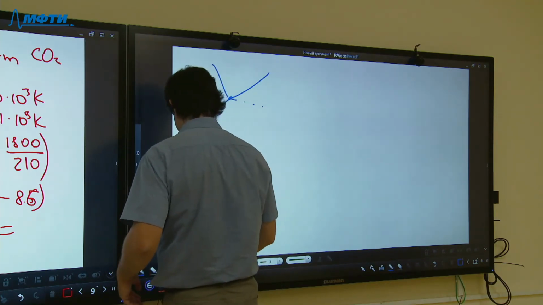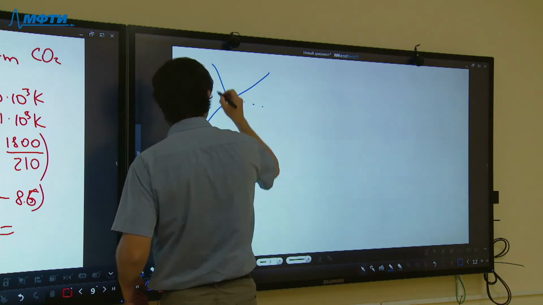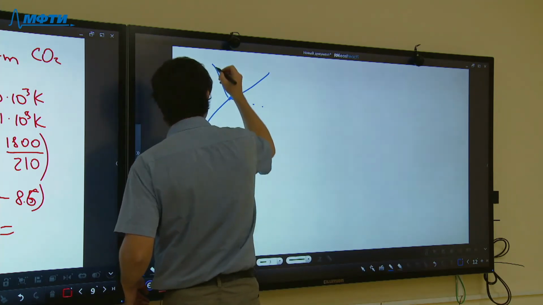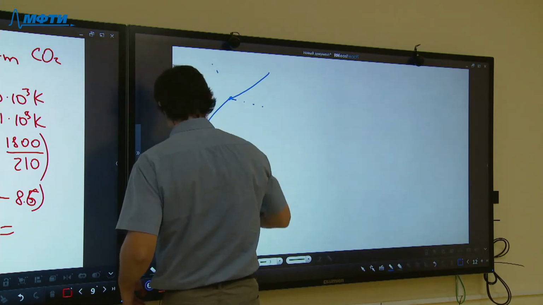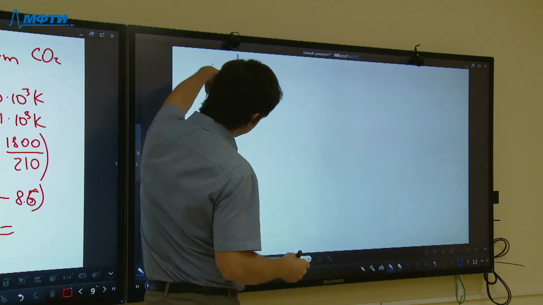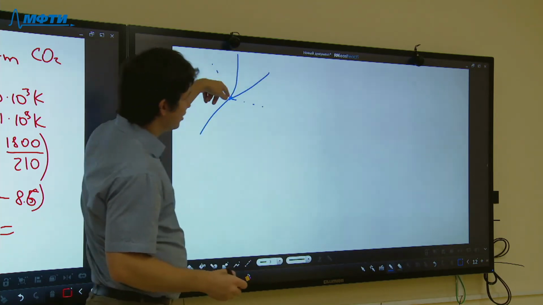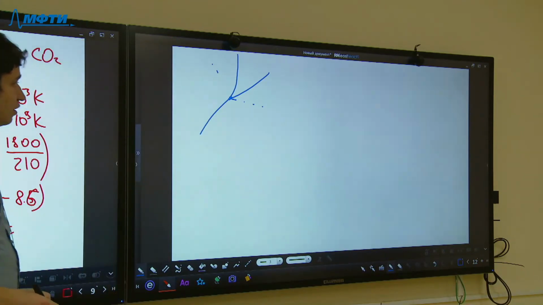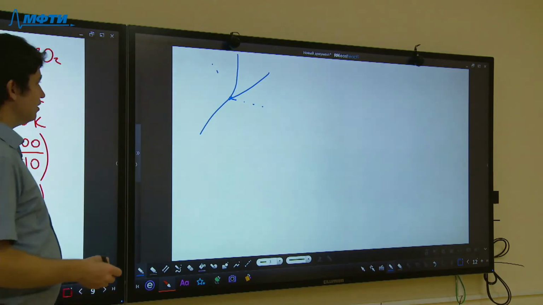And probably for most solids which are not ice, this part also looks like this. So it goes to the right, not to the left. Okay, so we are in the triple point.